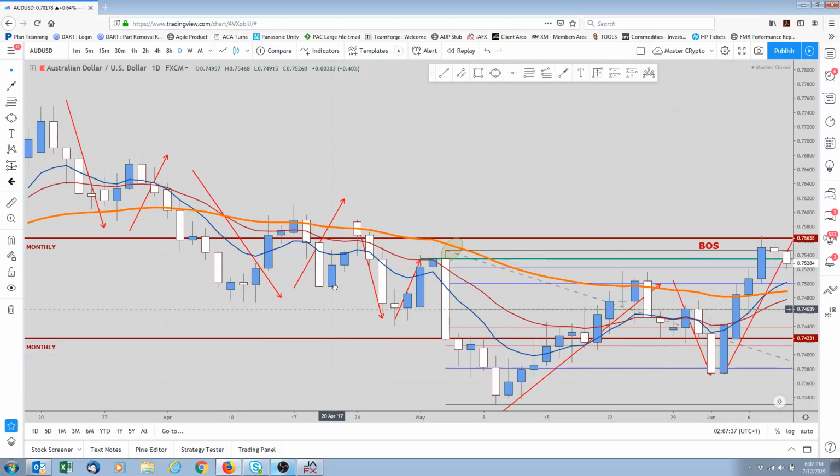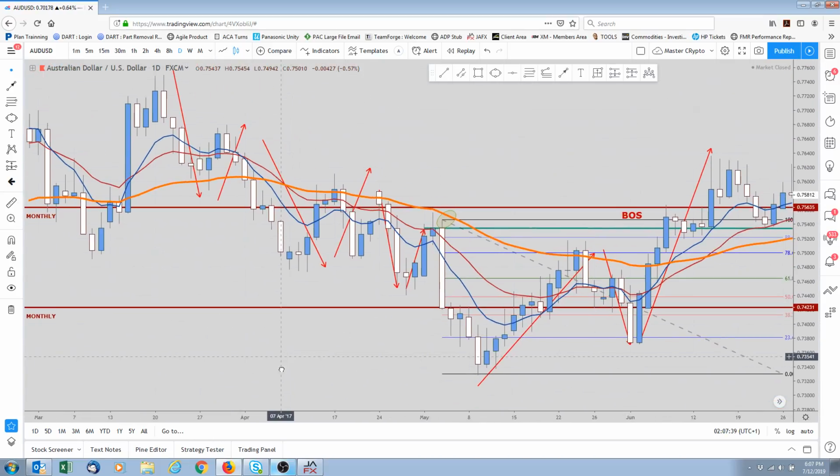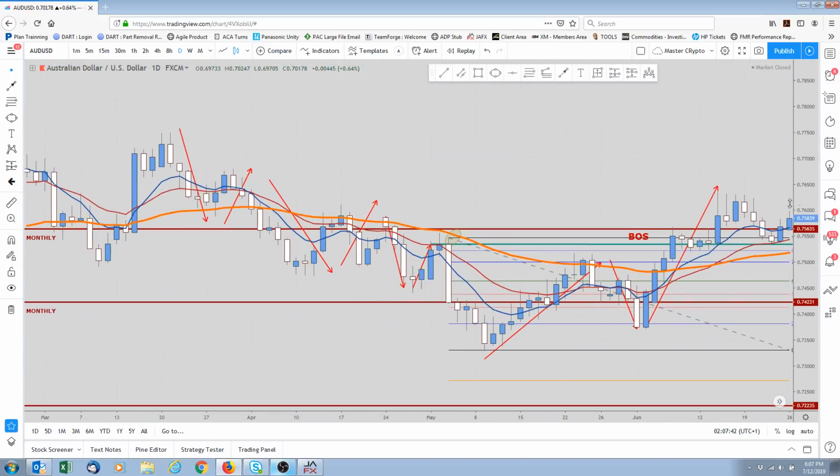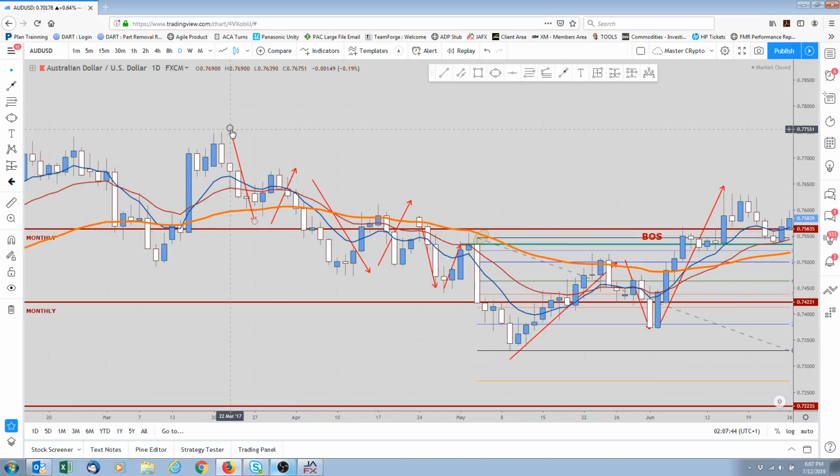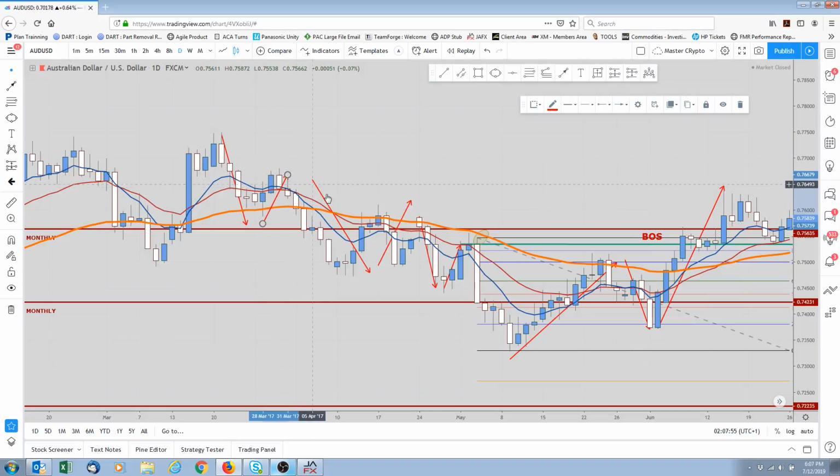What I did here is I drew in the candle. You see how it's going from a high to a lower low, to a lower high, to a lower low, to a lower high, to a lower low.